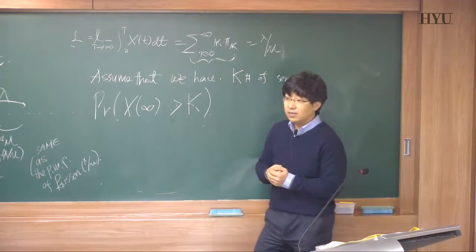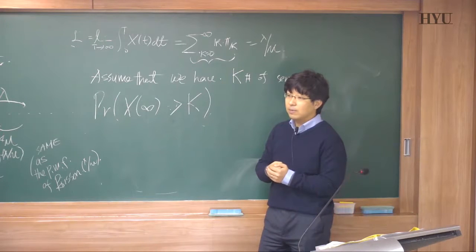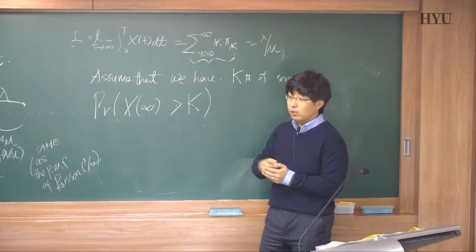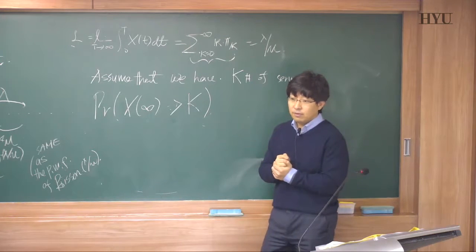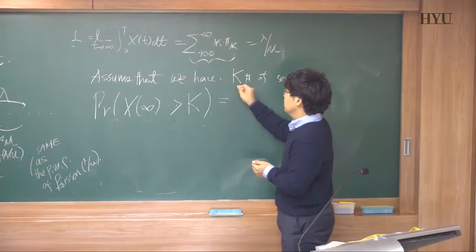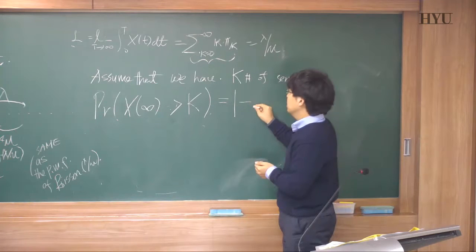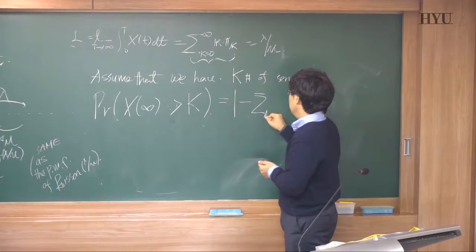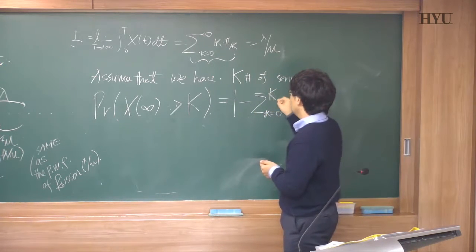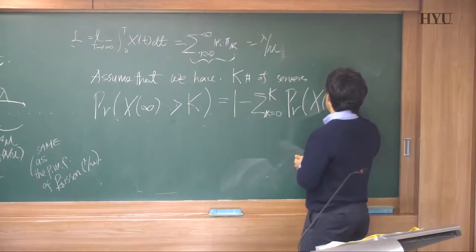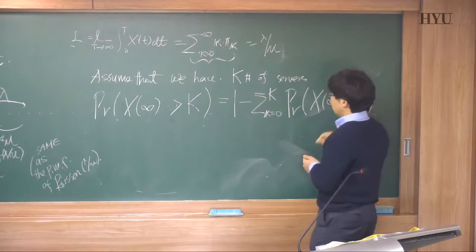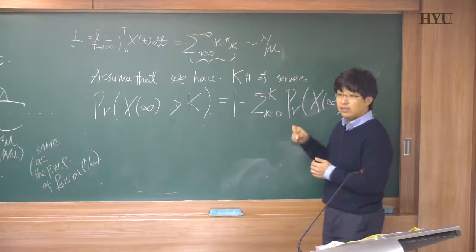This one is the blocking probability, right? With this probability, we cannot enter the system, right? This one is actually the same as 1 minus the summation for small k from 0 to large K of the probability that X(infinity) equals small k. Okay, we can calculate it.